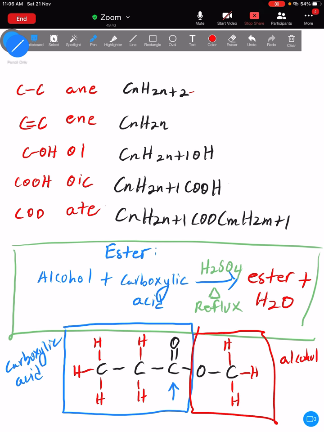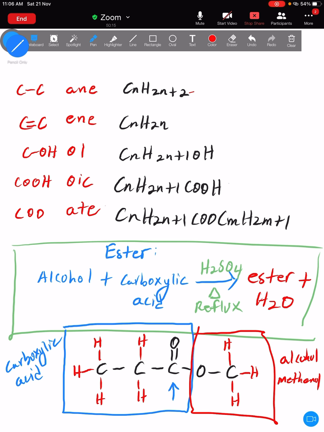So what is the alcohol that I use to form this ester? It's methanol. Very good. Okay, methanol.